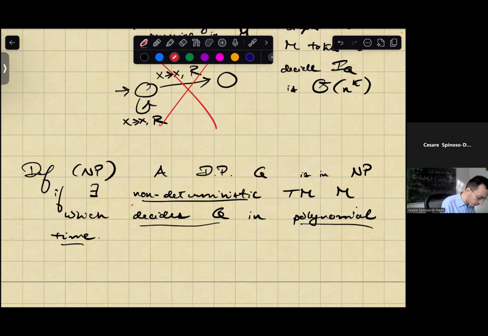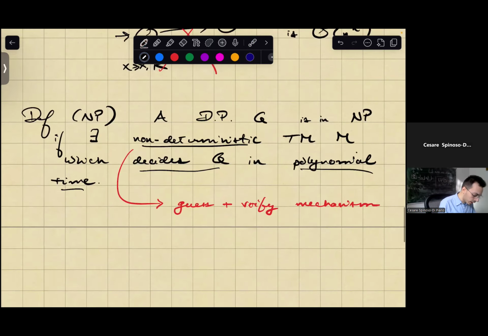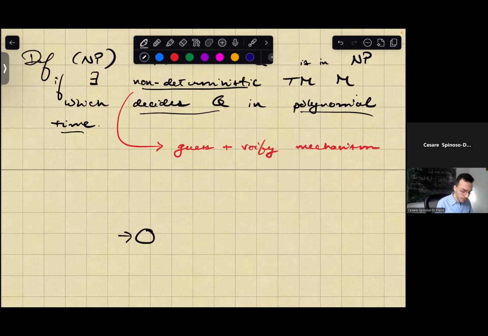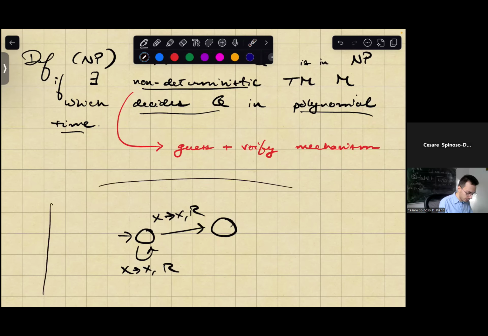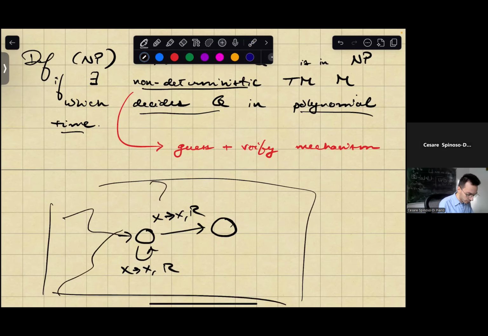And just as a reminder, non-determinism means that you're using some kind of guess plus verify mechanism. So concretely, that means that in a non-deterministic Turing machine, you might have something like this, where at this point in the Turing machine's transition diagram, suppose you have a bunch of other transitions here, the Turing machine has to guess what to do, right?